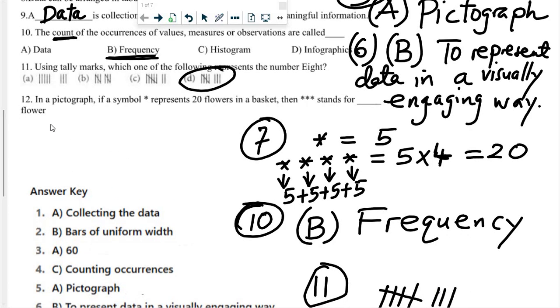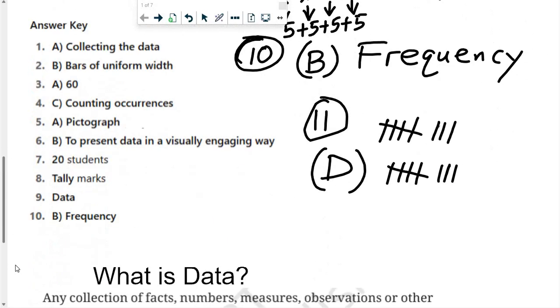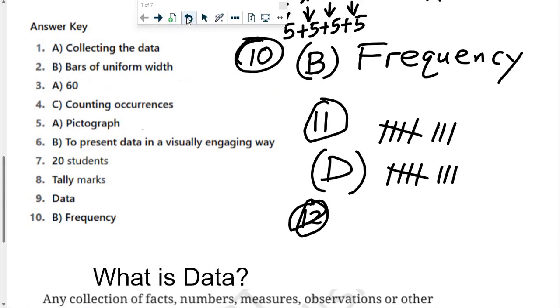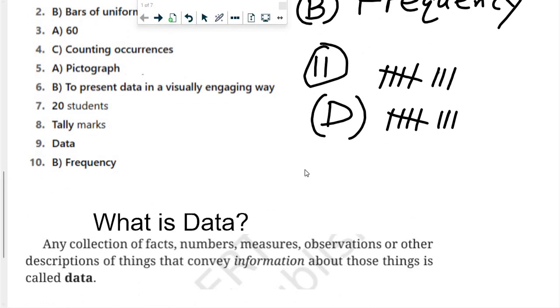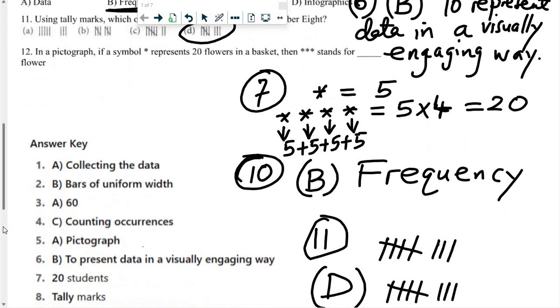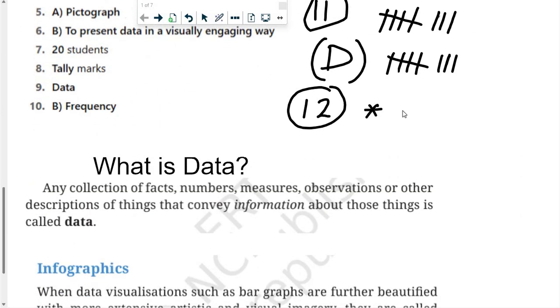Question number 12. In a pictograph, if a symbol, this symbol here, represents 20 flowers in a basket, then 3 symbols stand for? We have one symbol representing 20.